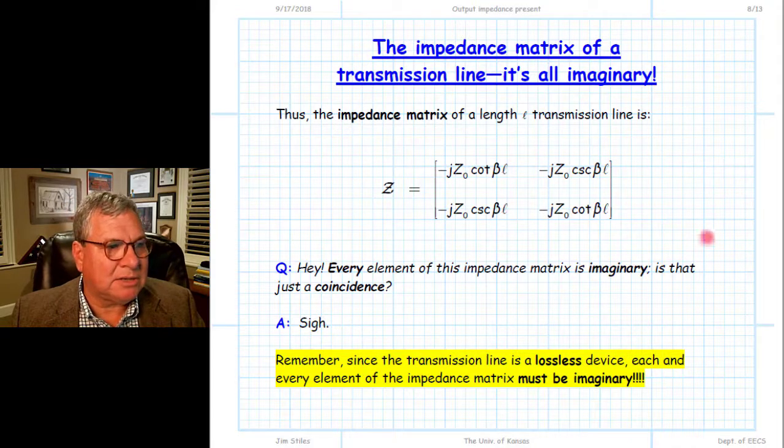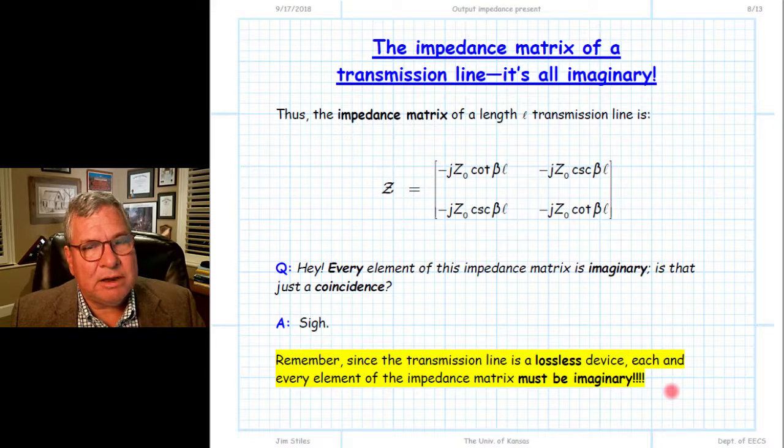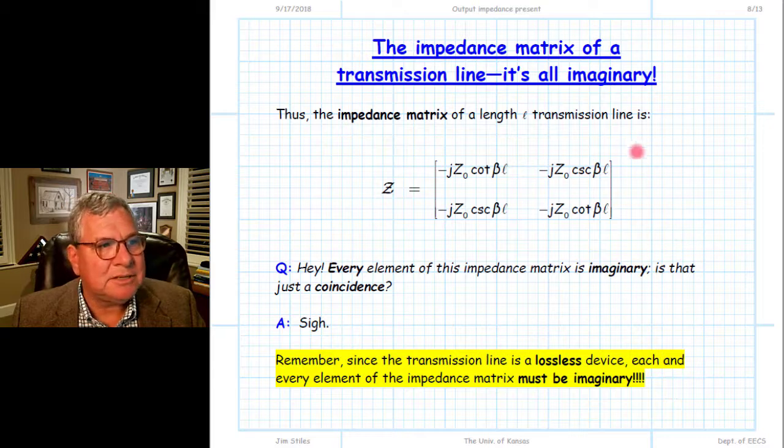This should not surprise us at all. In fact, if we got anything different, we would know we had the wrong answer, because if we have a lossless two-port network, like a length of lossless transmission line, the transimpedance parameters must be purely imaginary. Every lossless two-port device has imaginary transimpedance parameters, and this is the result we get.